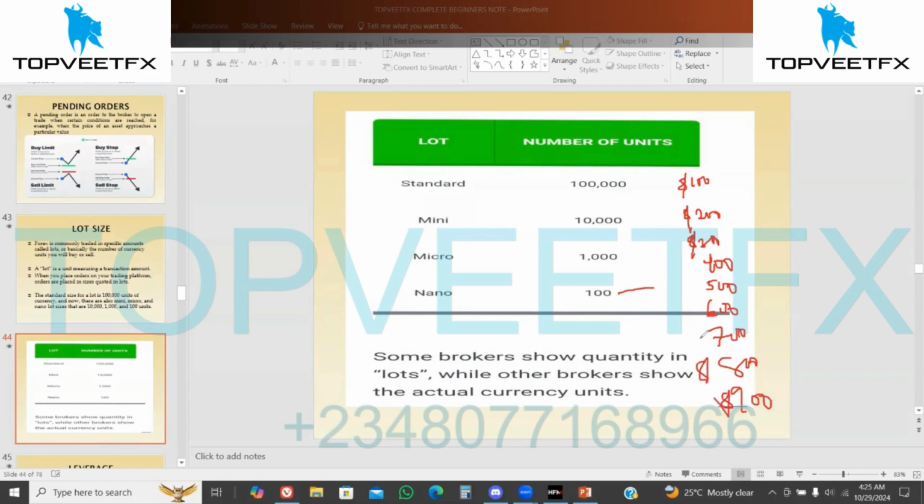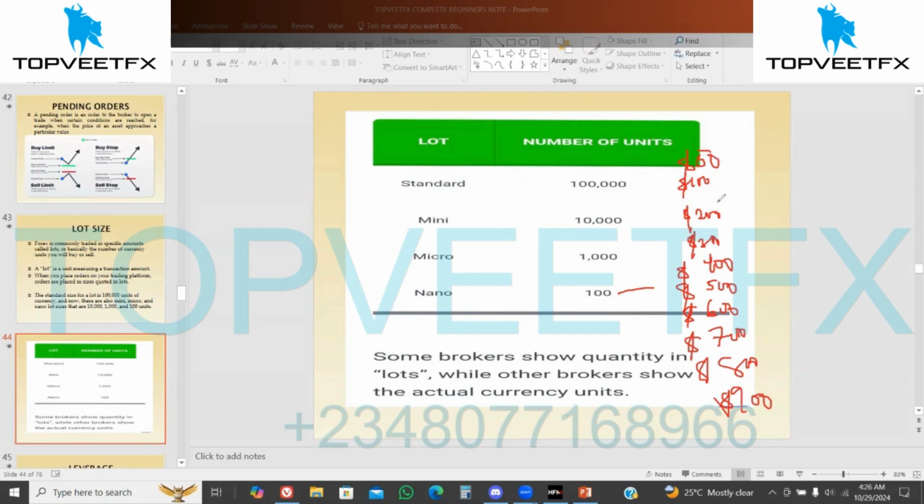So these are your equity. What is equity? Your balance that you have in your trading account. Now, let's say this is what you have. Even let's add $50 to it also.